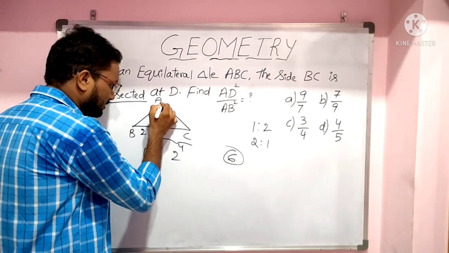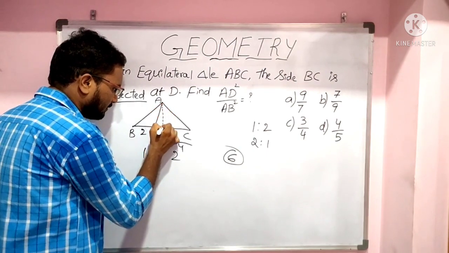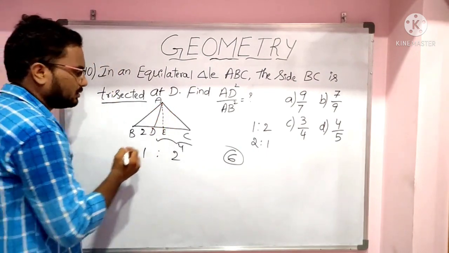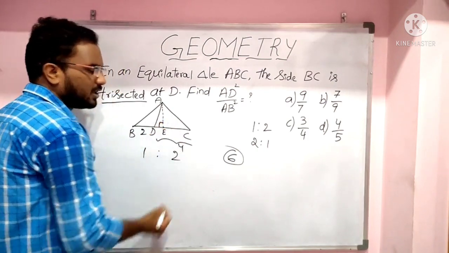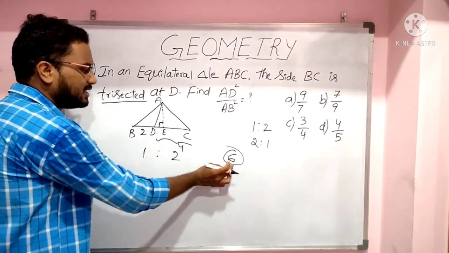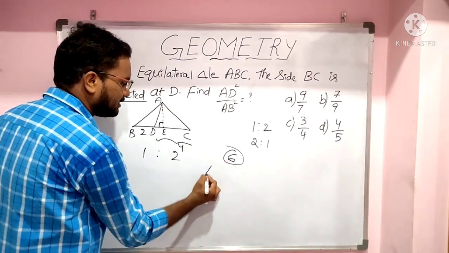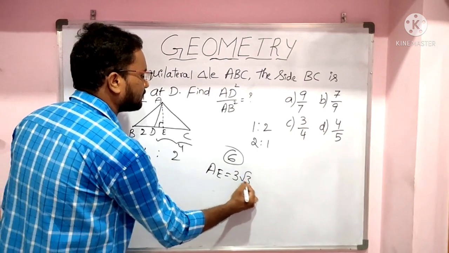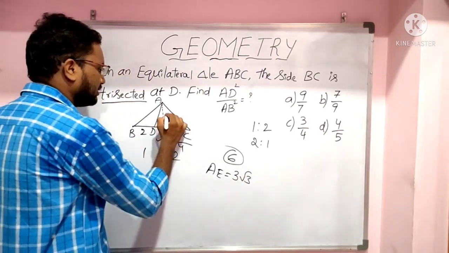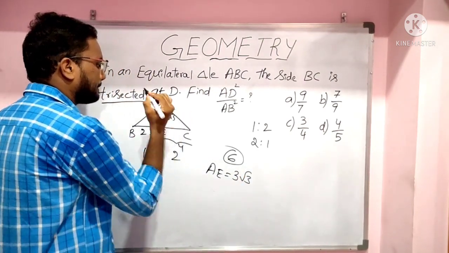So let us draw AE, the altitude, that means the height of the equilateral triangle. If the side is 6 centimeters, then the height is root 3 by 2 into side, which is 3 root 3. So AE is 3 root 3.